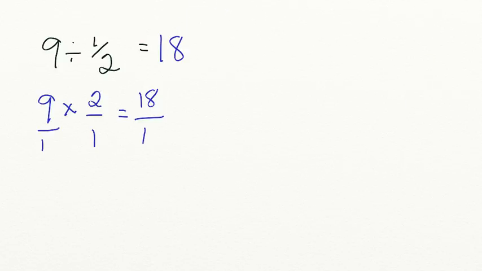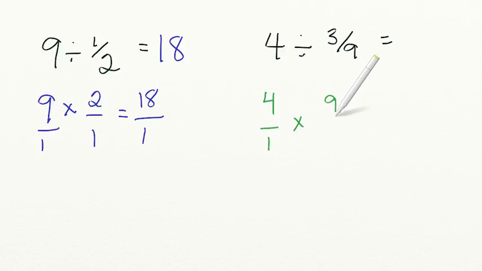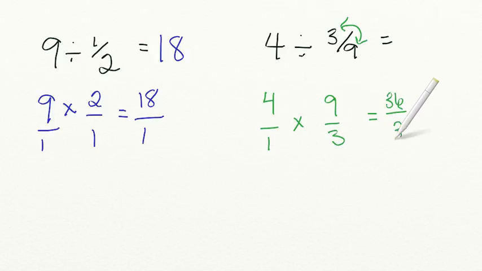Let's try another problem together. 4 divided by 3/9. All right, let's start by setting up the inverse operation. We're going to be multiplying 4 wholes times 9/3. Because remember, we had to flip these around since we changed our operation. 4 times 9 equals 36. 1 times 3 equals 3.